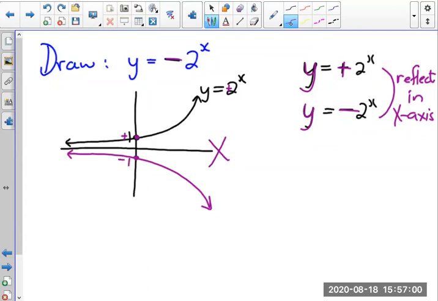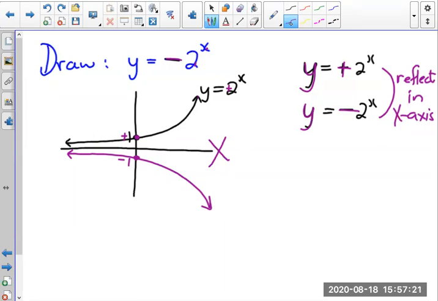And does it really work if I test it? What is minus 2 to the 0? 2 to the 0 is still 1. Minus times 1 is still a minus 1. Now can you see the increasing graph now changes to a decreasing graph?